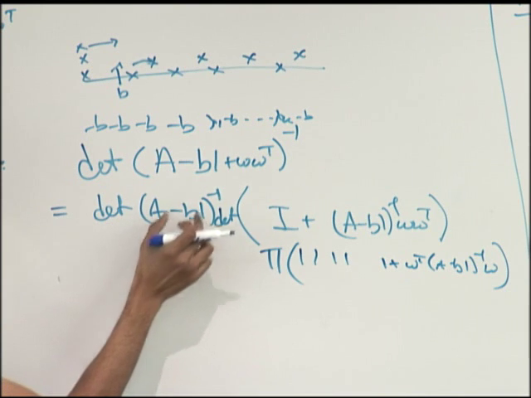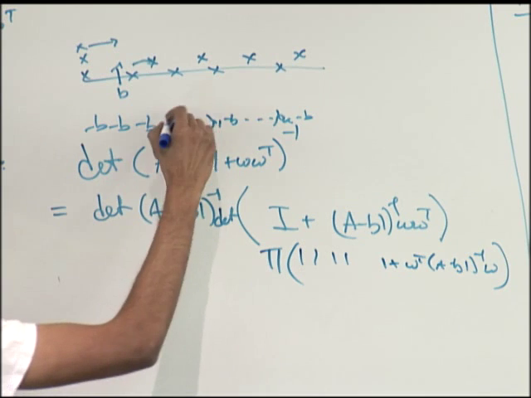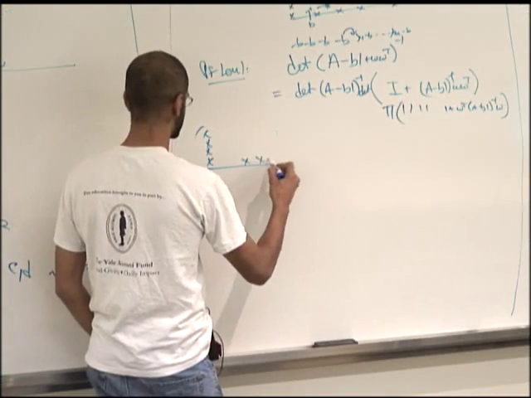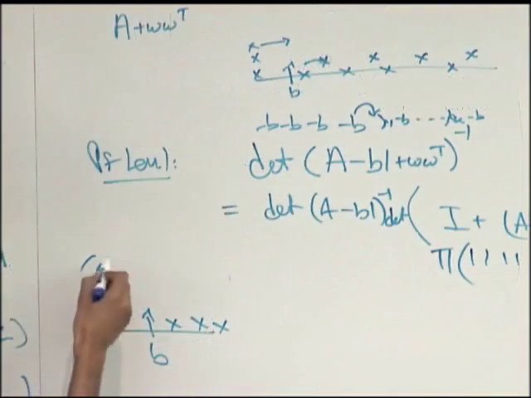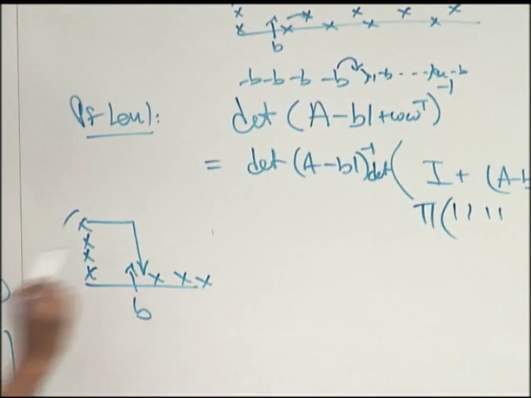Now what's going to happen when I add my good vector w w transpose? One of these minus b's is going to become positive. Previously I had k eigenvalues bigger than b and n minus k eigenvalues less than b. When I add w, this one is going to become bigger than b also.